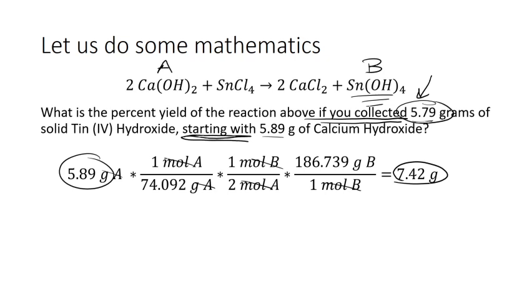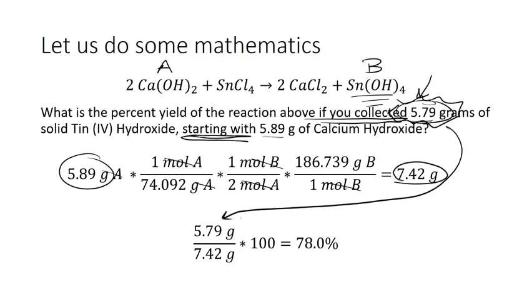So now we're going to find out what the percent yield is. And we simply take our actual amount that we collected that the problem gives us and our theoretical amount that we got from our stoichiometry.